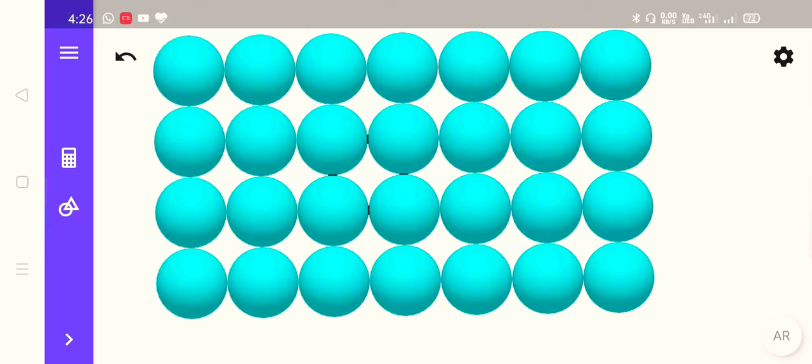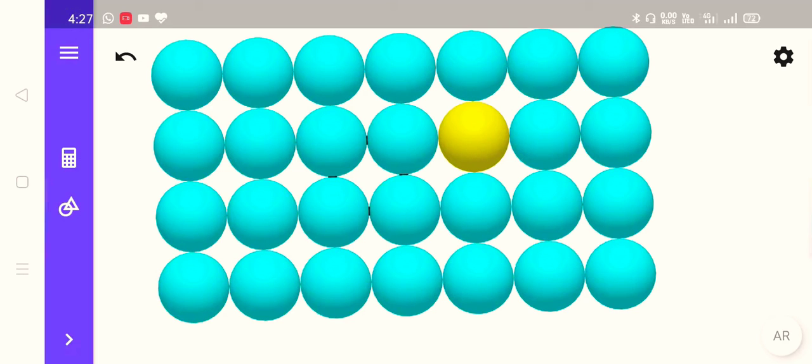For that, let us use one sphere as a center sphere. This is our center sphere. We give it different color so we can differentiate it. Now let us connect the adjacent spheres' centers, and to do so we will slightly make them transparent.